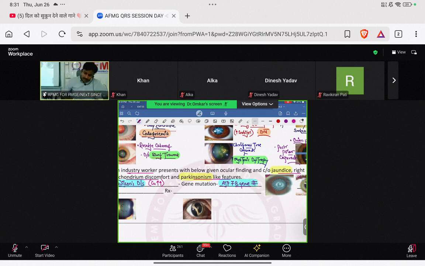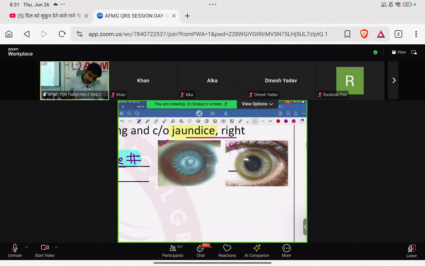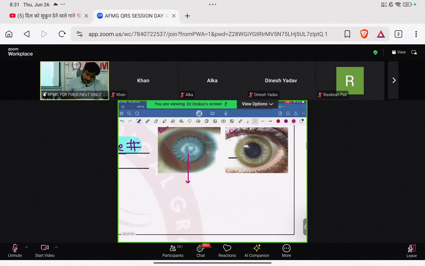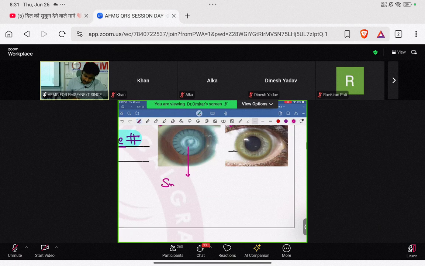That is important. Now in Wilson's disease, beta, there can be deposition of copper inside the lens causing opacity known as, very good, sunflower cataract. Good, you are attentive, that is right. Next important, when the copper deposits in the Descemet's membrane of the cornea, that leads to formation of the KF ring, known as the Kayser-Fleischer ring.